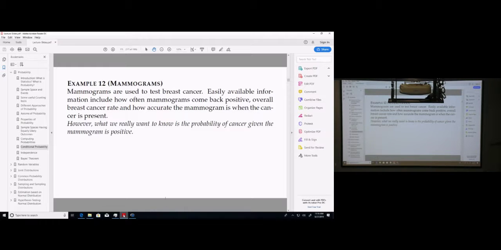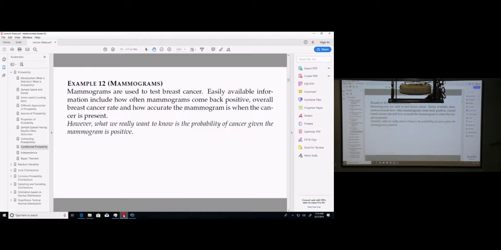You have to have an independent assessment of women with breast cancer. These are your subjects, and you let them go through the mammogram and see how many of the women with breast cancer are tested positive using your test.